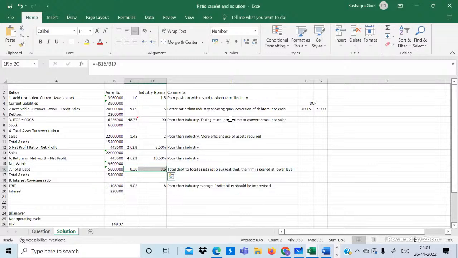So as far as my company is concerned, I have low debt. As far as profitability is concerned, net profit is low, so I've got low profitability. And as far as efficiency is concerned, my efficiency is also low. So I am inferior to my peers in terms of cost management, efficiency, and debt, and that will get reflected in my return on equity.